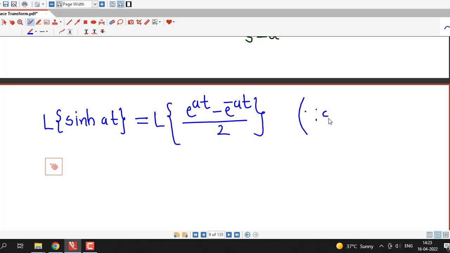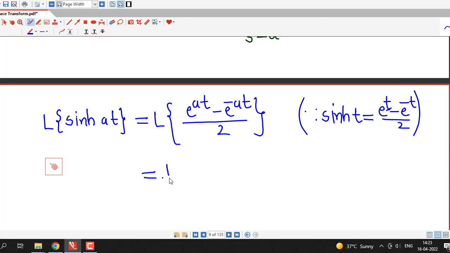So here we have used the definition of sine hyperbolic t: sine hyperbolic t is equal to (e raised to t minus e raised to minus t) divided by 2. Instead of t we have at, so here we replace t by at.